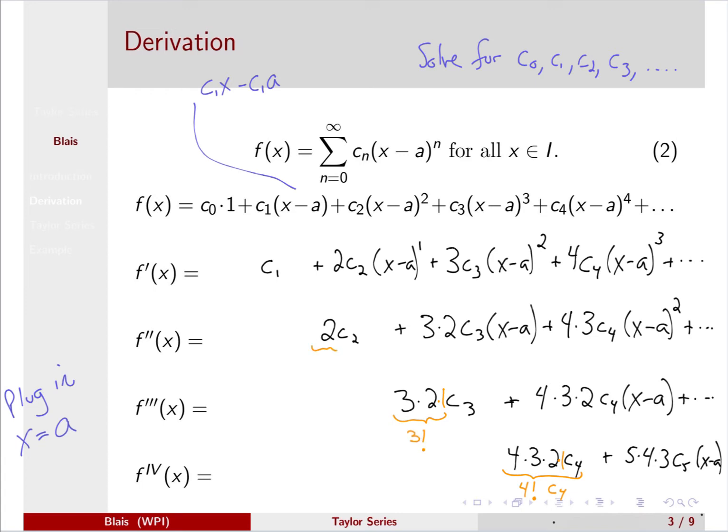Here, if we add multiplication by 1, we have 2 factorial. Here we can think of there being a 1, but 1 is equal to 1 factorial. And if we want to keep the pattern going, the definition of 0 factorial is equal to 1. So we could call this one 0 factorial.